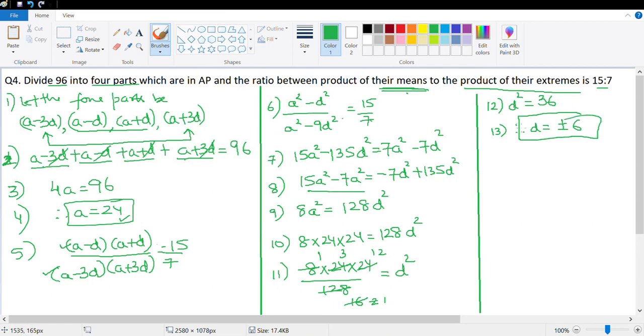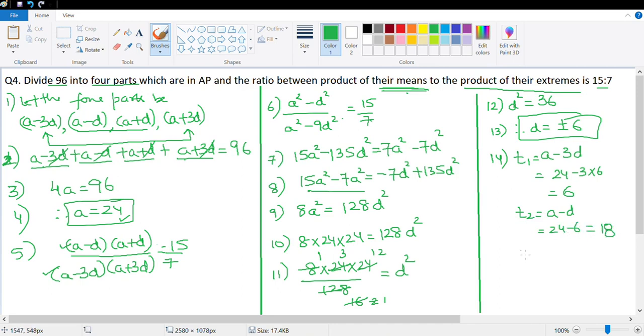So we need to divide 96 into 4 parts. So therefore, term 1, which is a minus 3d, is equal to 24 minus 3 into 6, 24 minus 18, that's 6. Next, term 2 is a minus d, which is 24 minus 6, which is equal to 18.